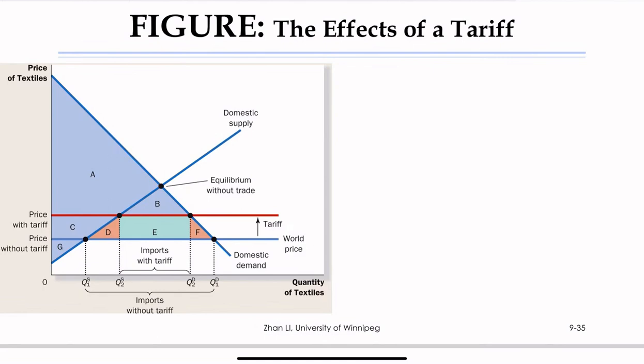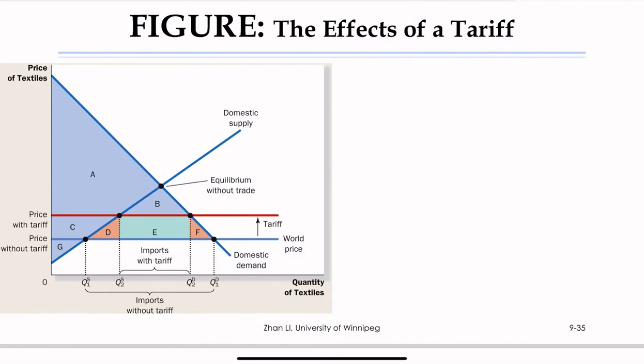Now, what about quantity? Well, it's pretty clear to see what would happen to quantity here, right? You can see that before imposing the tariff, the quantity demanded is given by Q1D, and the quantity supplied is given by Q1S. Right?